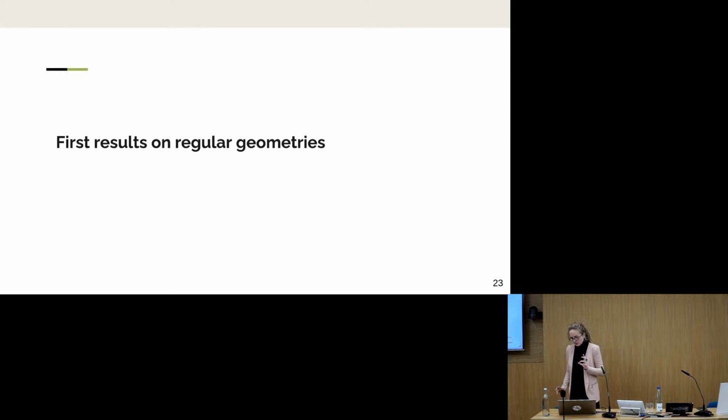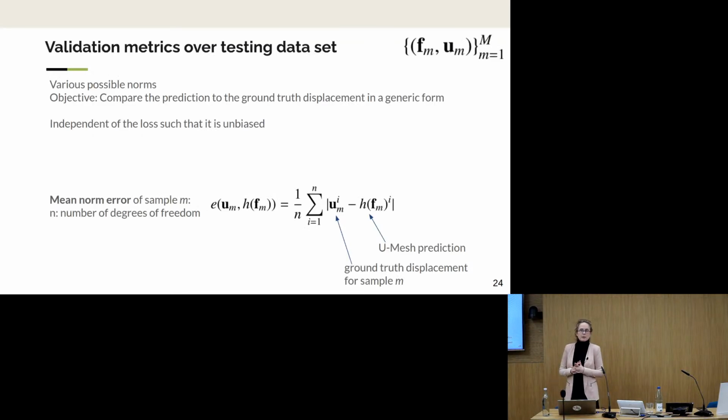Let me first introduce the metrics we will be using in the following. We have a testing data set containing m samples, and we will compute some metrics over that data set. There are various possible norms here. The objective is to compare the network's prediction to the ground truth displacement, and note that this norm doesn't need to be the same one as the one used in the training loss.